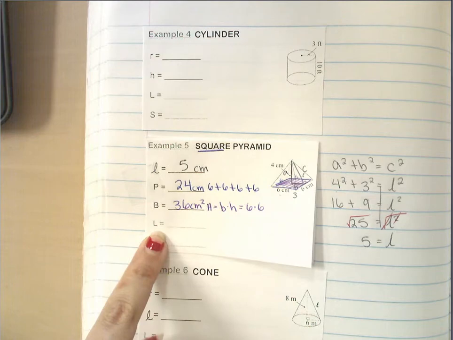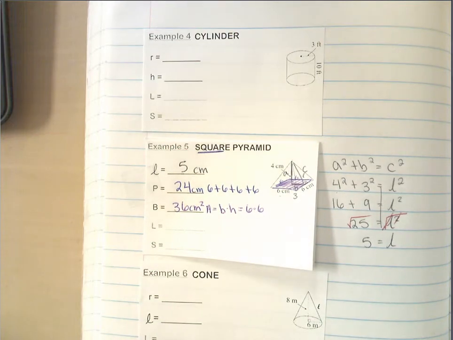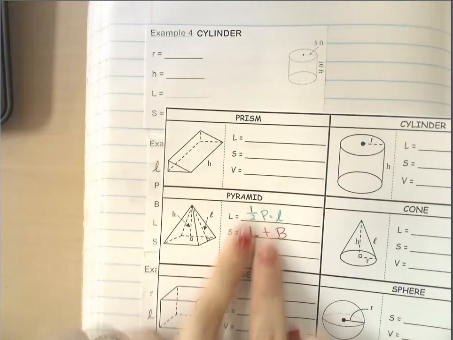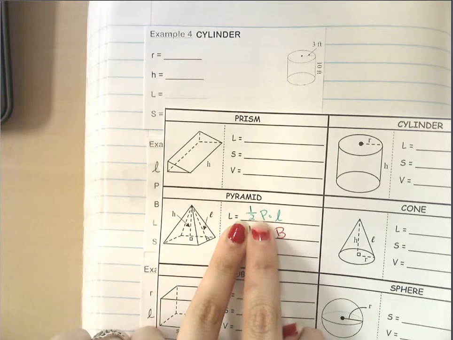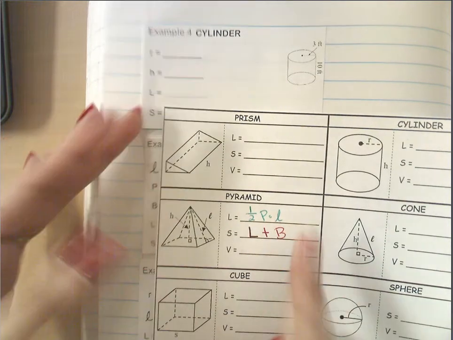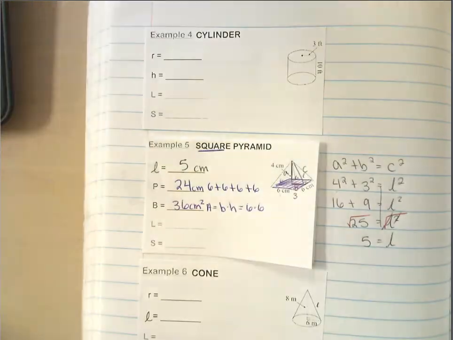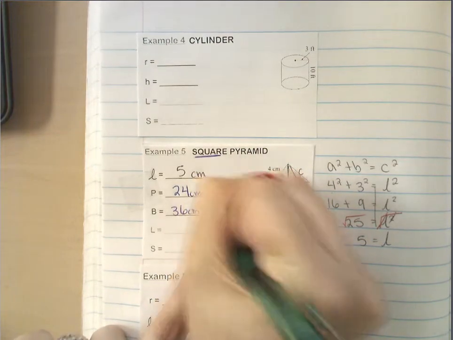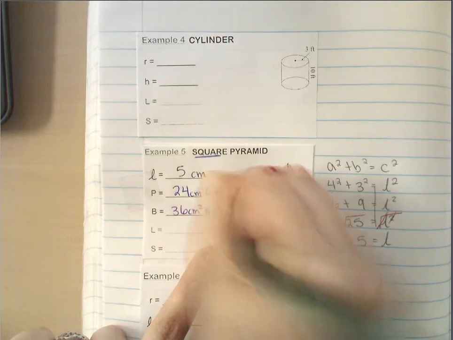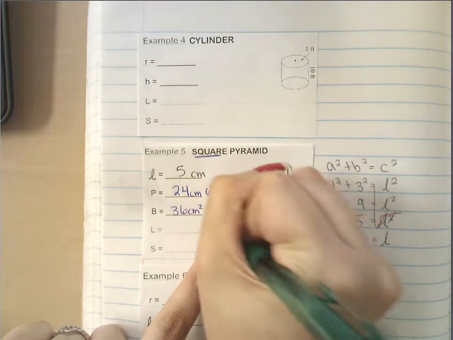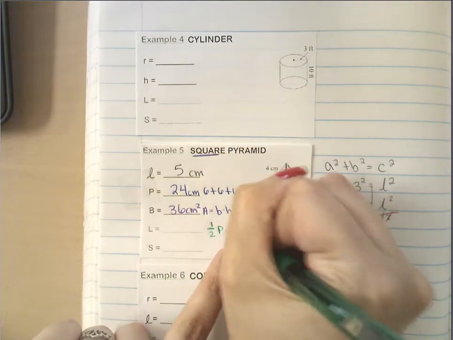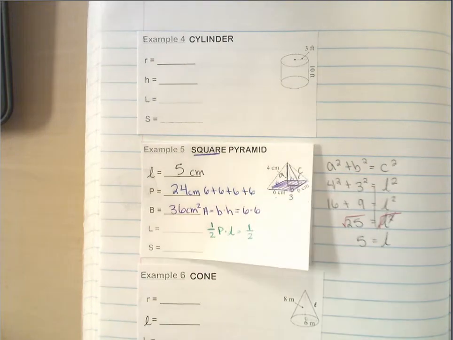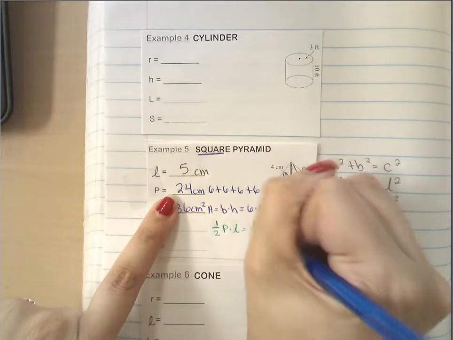And so again, now I go back to my same 2 formulas. They never change for pyramids. It's this 2. L is 1/2 P times cursive L. So 1/2 P times cursive L. So 1/2 P is my 24.